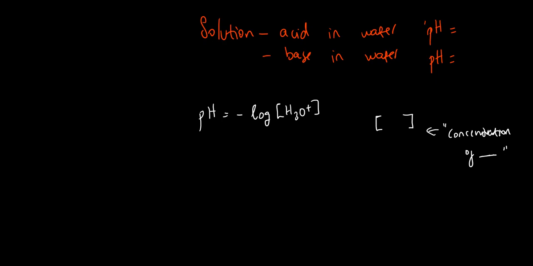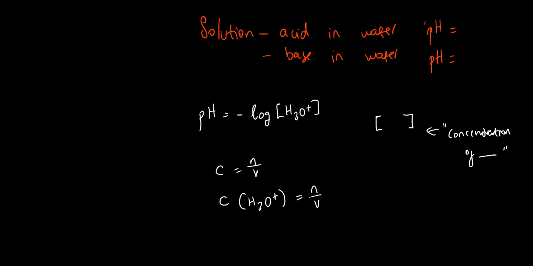Now that we know the formula, and we know that these brackets mean concentration of, in terms of the formula to get concentration of H3O plus, you use the formula C is equal to n over V. So you calculate the concentration of your H3O plus.